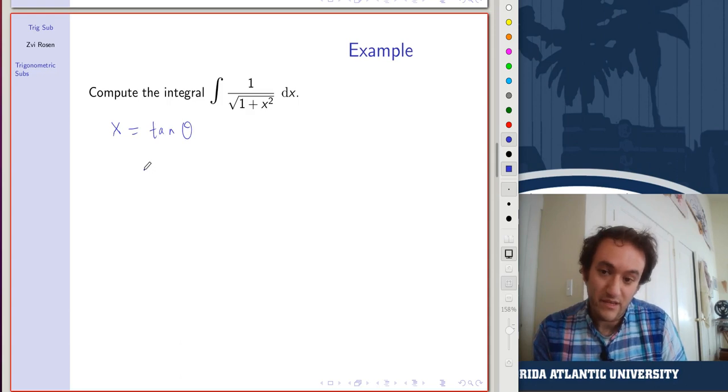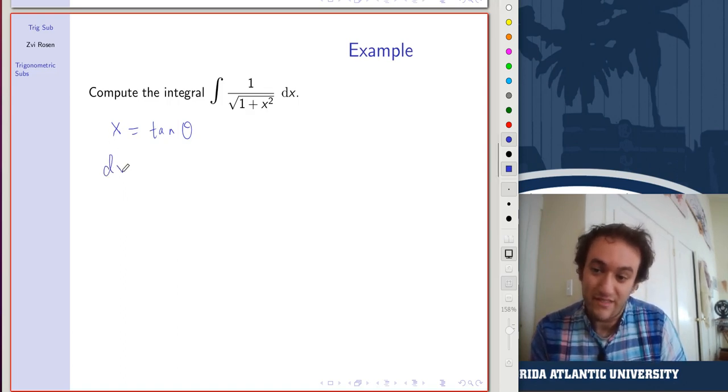Whenever we make a u substitution, in this case it's a little bit trickier, but the same idea holds. We want to express dx in terms of d theta, so we take the derivative of x with respect to theta, and that's just the derivative of tangent theta, so that's secant squared theta d theta.